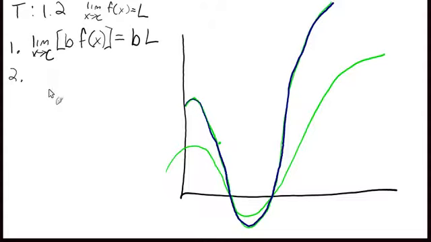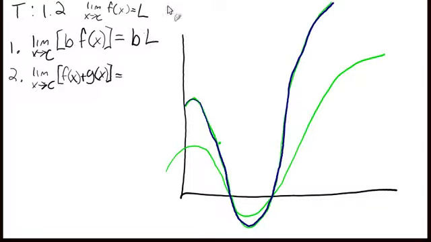Okay, the second one, the limit as x approaches c of f of x plus g of x. We've got 2 functions added together. What are the limits going to be?